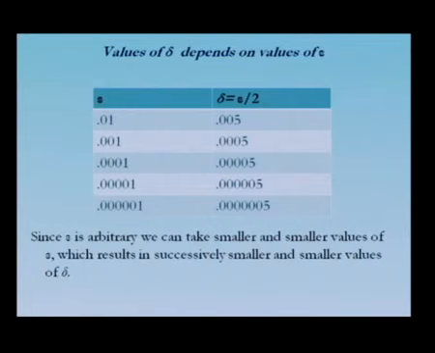When epsilon is very small, very close to 0, then delta is also very close to 0. Since epsilon is arbitrary, we can take smaller and smaller values of epsilon, which results in successively smaller and smaller values of delta.